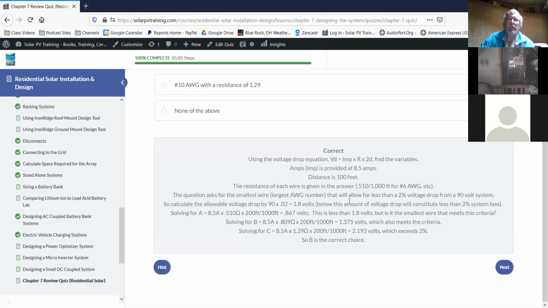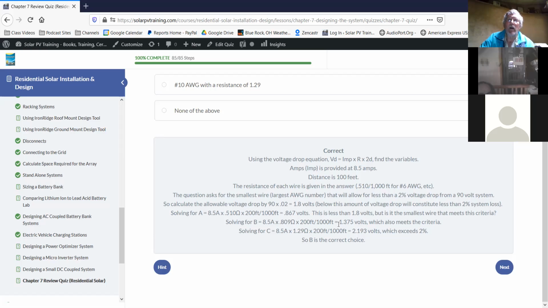We take these numbers, 0.5, and solving for A, 8.5 times 0.51 ohms times 0.2 gives us 0.867 volts. That's only going to be about 1% of 90 volts.